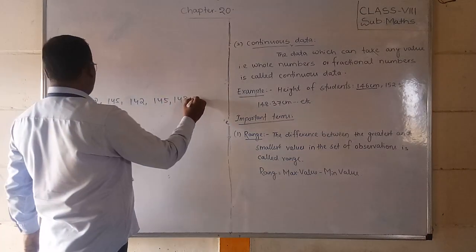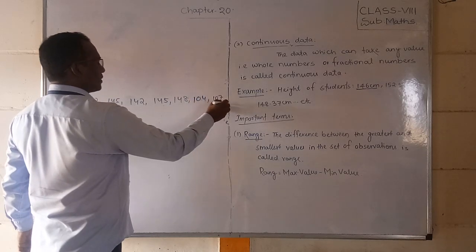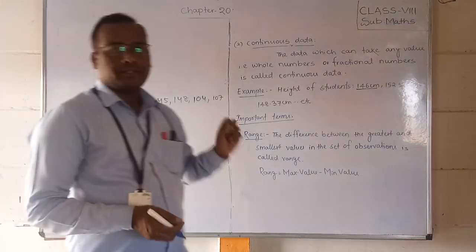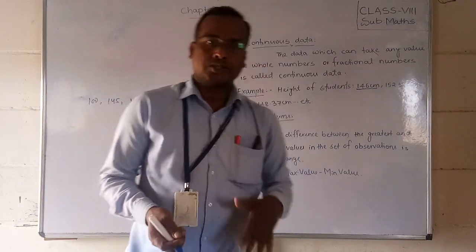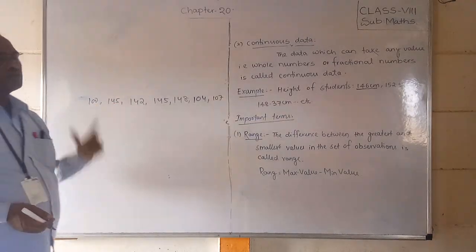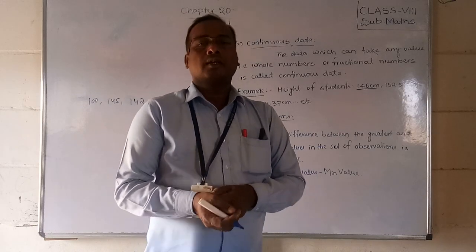Or we can take a small example, 104, 107. Now observe, this is continuous data, or we can also say it is discrete data, because there is no fractional number, all are whole numbers.